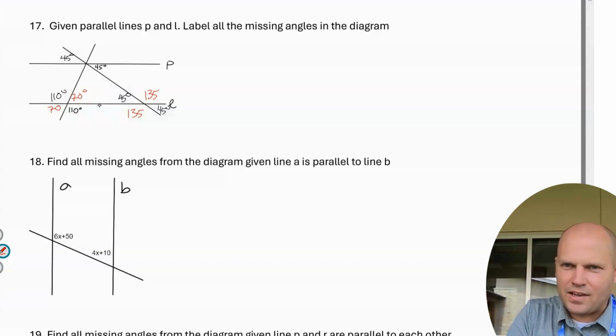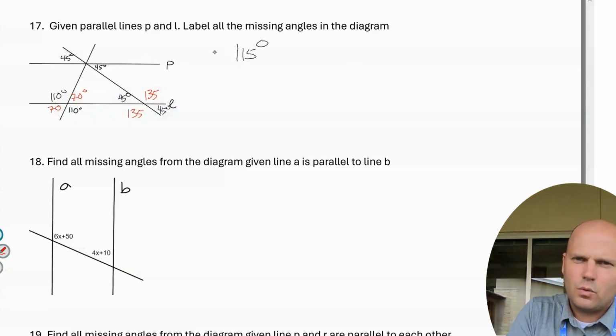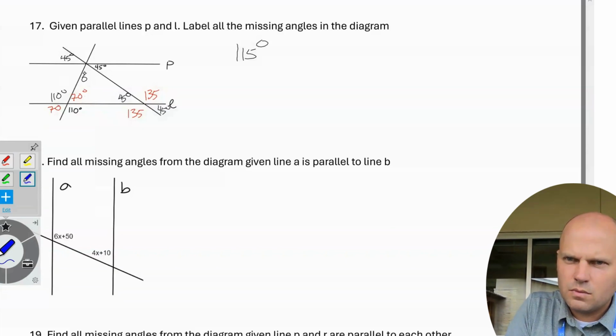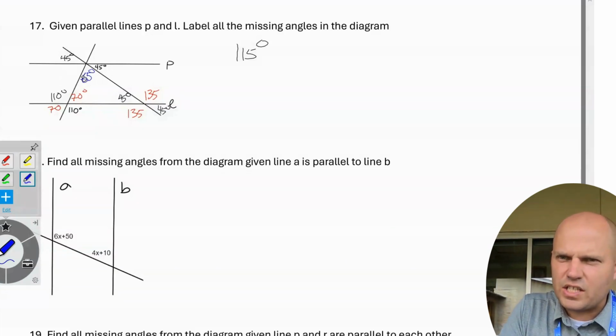You got two angles out of three angles in a triangle. You add them up and there's 115, which means this must be 65 in here. I'll do this one in blue. If this is 65 and this is 45, you'll find all the other angles that you've already found will fall into place.